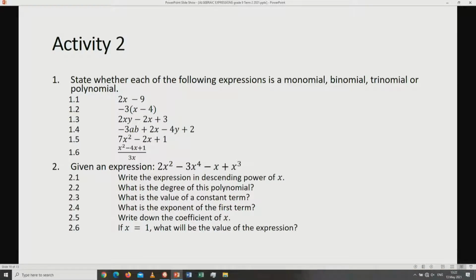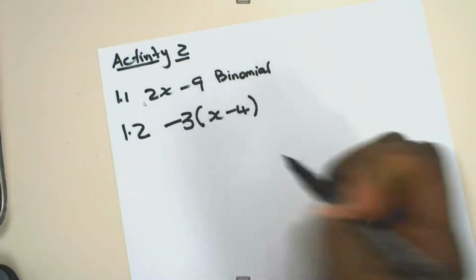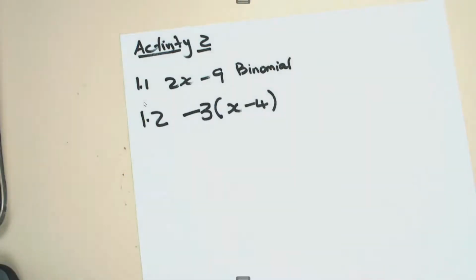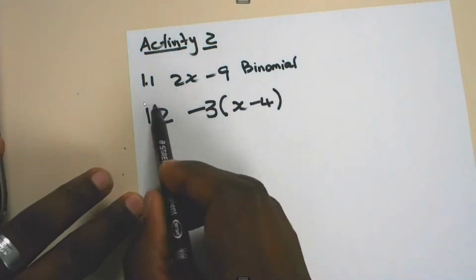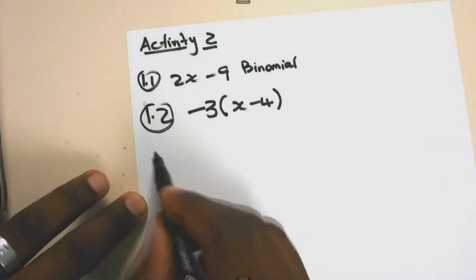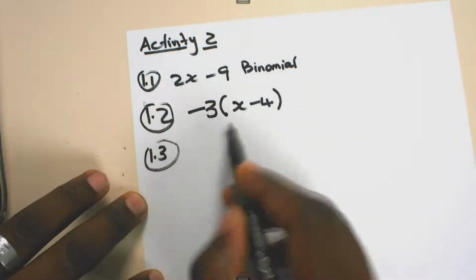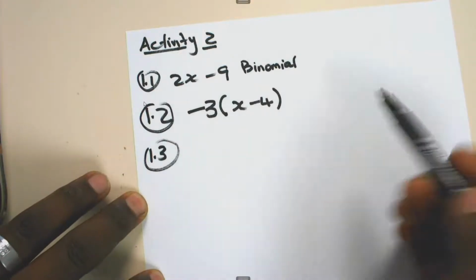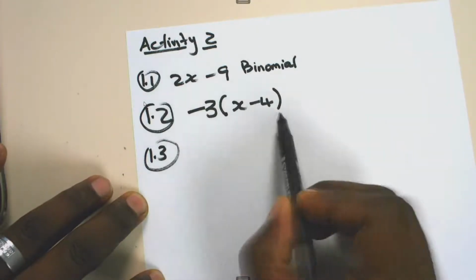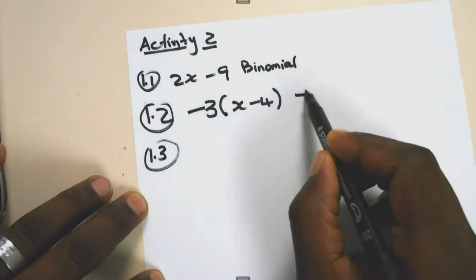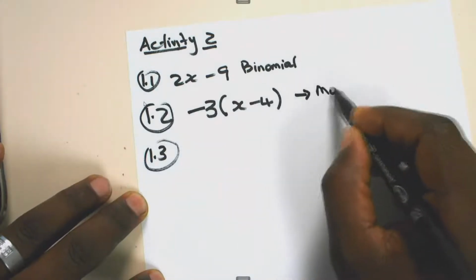1.2 looks like negative 3 and x minus 4. If it is like this, what type of polynomial is this? In this case, there is only one term, so we call it a monomial.